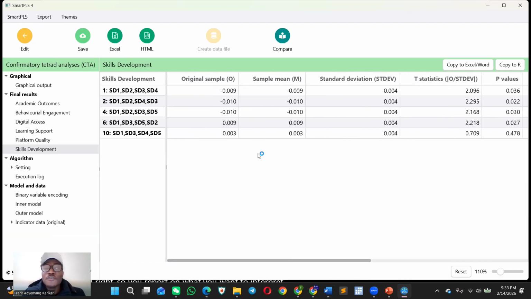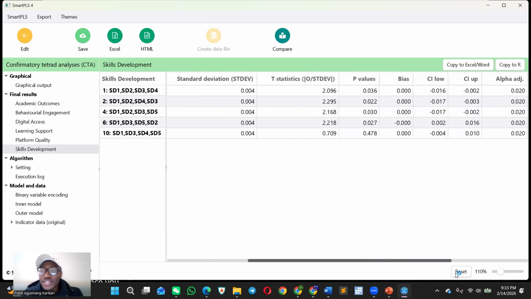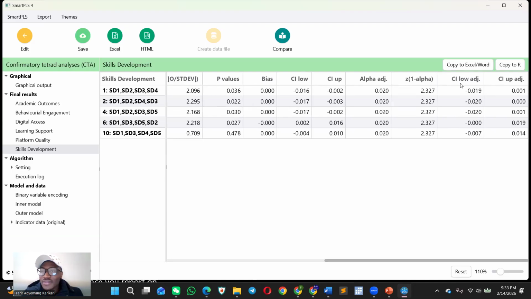Okay. For robustness and for confidence in your output, it is better to also add other aspects, because once you report on this one and that one, there is also a relationship between that and the p-value that you report, right?